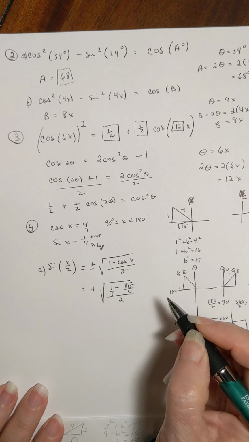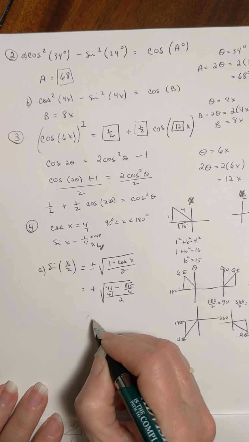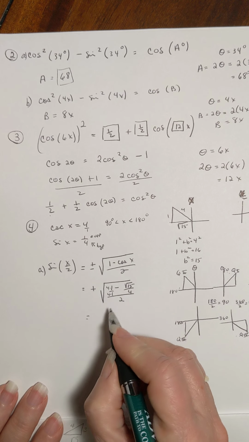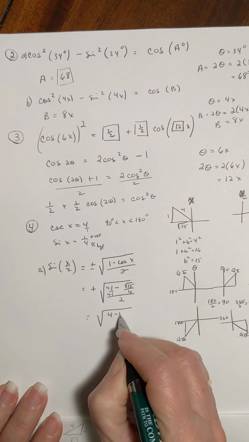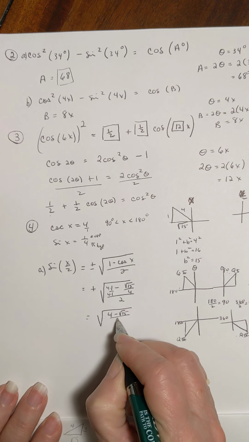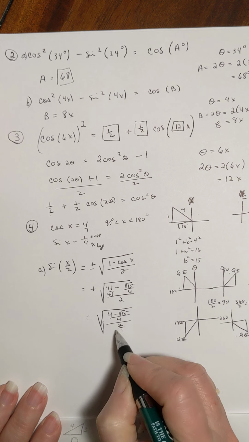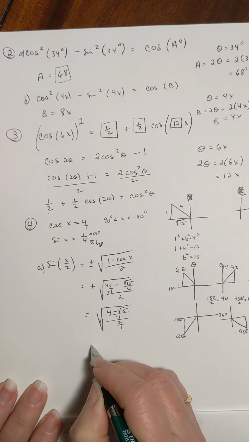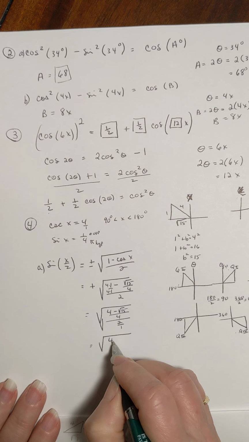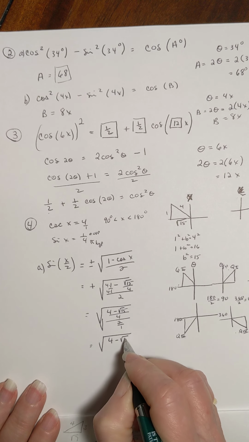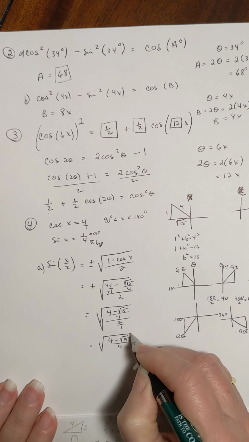So this is over 1, and then times 4. And because I want my denominators to be the same, I'd have 4 minus the square root of 15 all over 4, divided by 2 over 1. And then I'm just going to keep, change, flip. So this would be 4 minus the square root of 15 over 4 times, and I flip the second one.